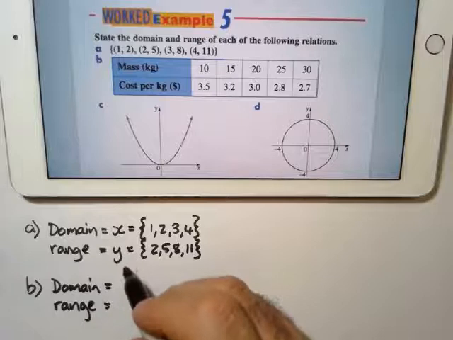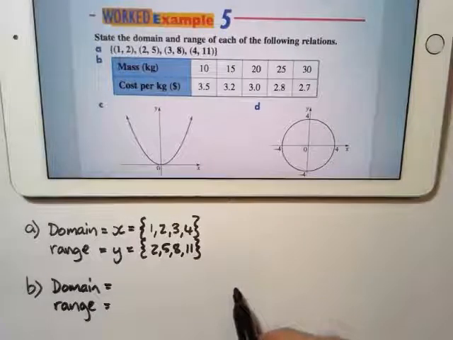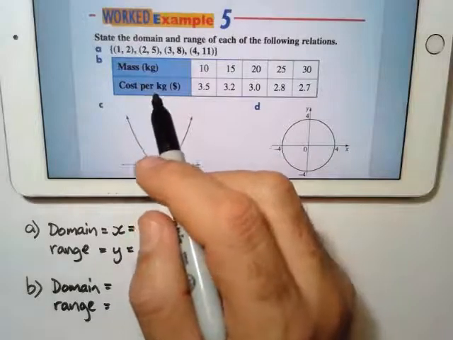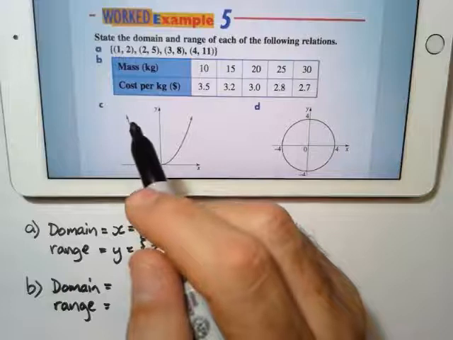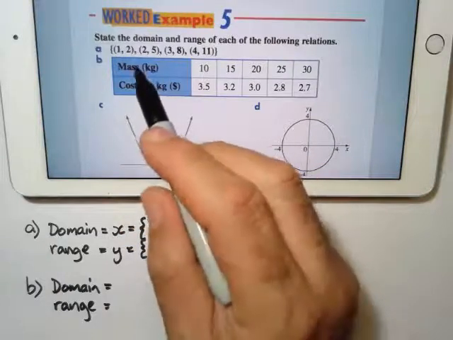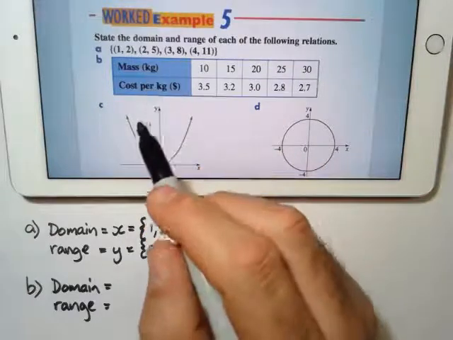And then thinking about x and y, domain x-axis, that's the independent value. What is independent? The mass or the cost per kilogram? So you ask yourself, which one changes according to the other? Well, the cost depends on how much you buy.